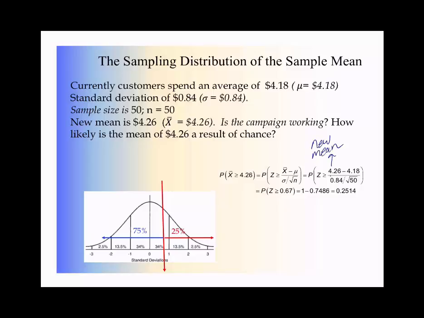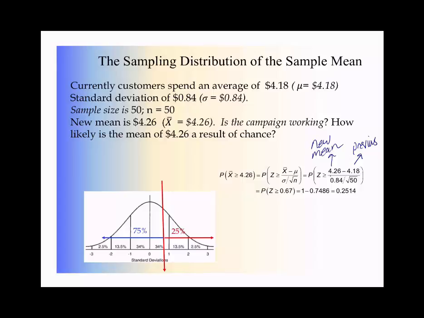And we're going to subtract from that the previous average, the one that we're trying to get people to be willing to pay more. And we're going to divide it by the standard deviation, which is 0.84, but we have to make sure we divide that by the square root of 50, because that's the sample size. We sampled 50 people to see if they were willing to pay more.